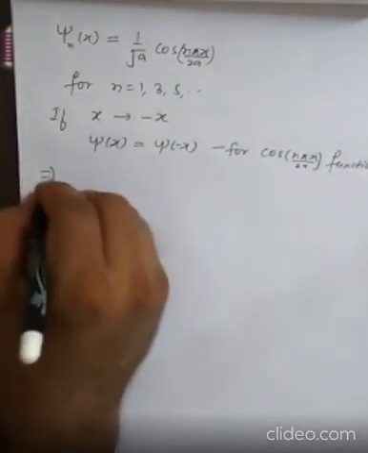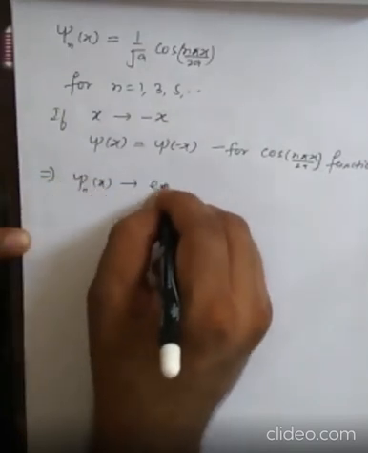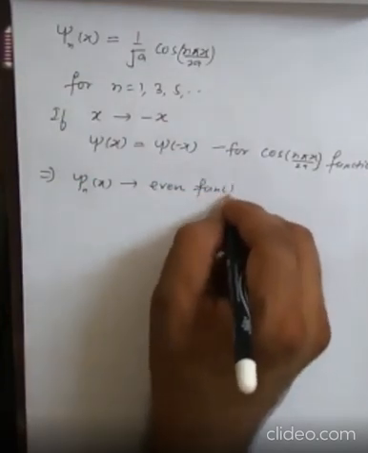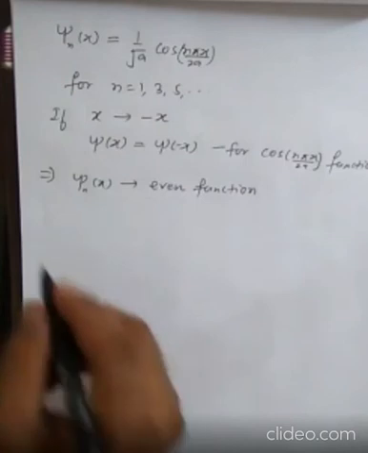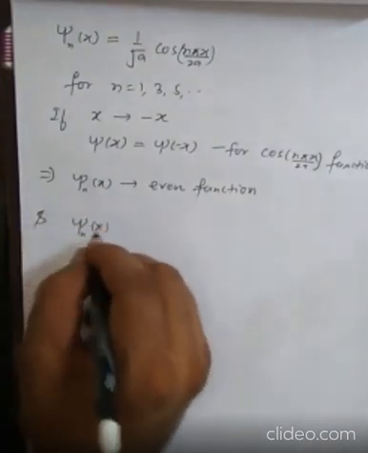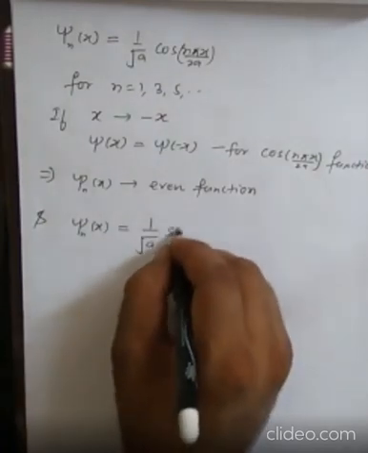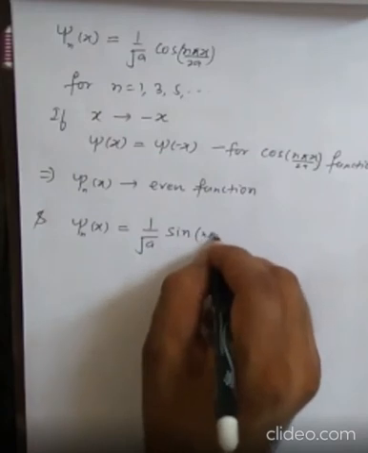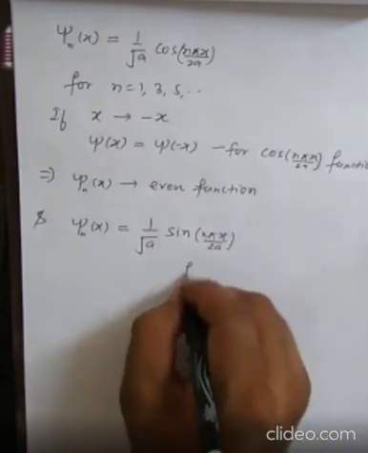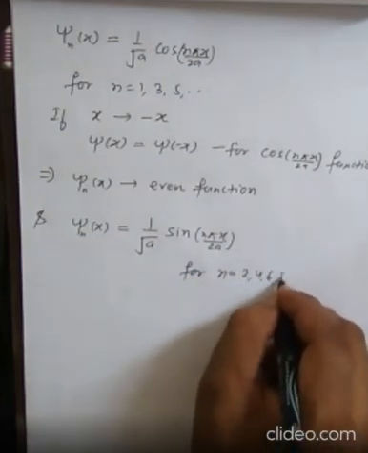Okay, it means the cos x is an even function. And psi equals root 1 by a sin n pi x divided by 2a for n equal to 2, 4, 6, 8, even numbers.